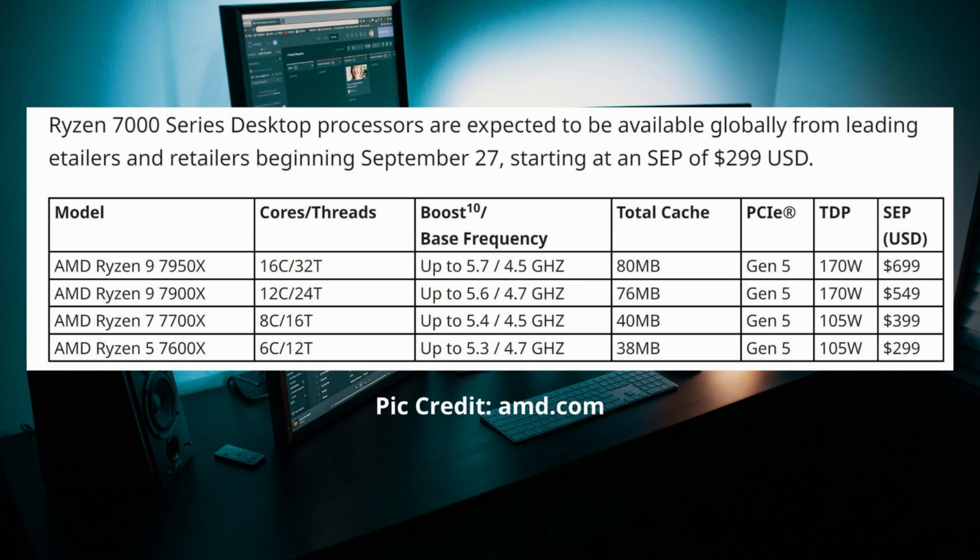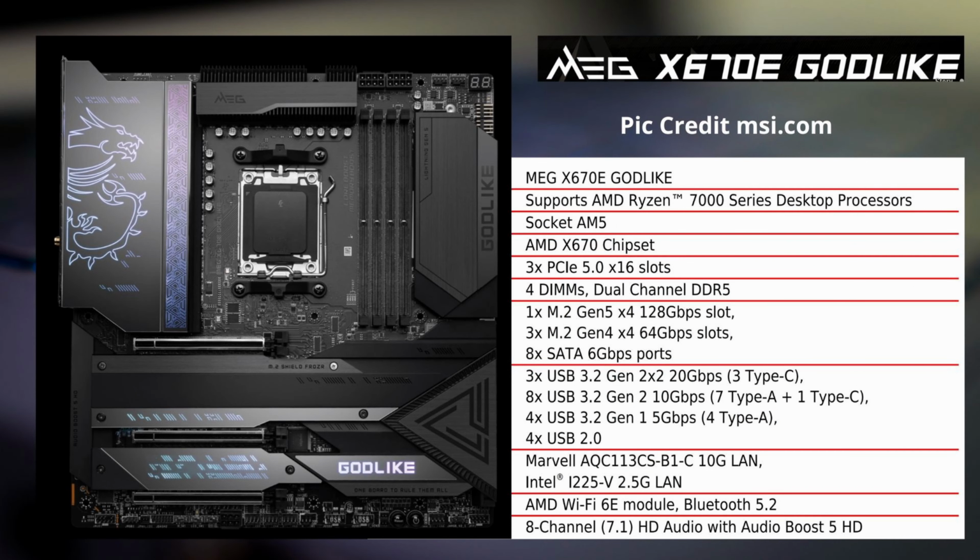And the 7900X is 12 cores, 24 threads, boosting to 5.6 gigahertz and a base of 4.7, and that is $550. And the 7950X is $700.